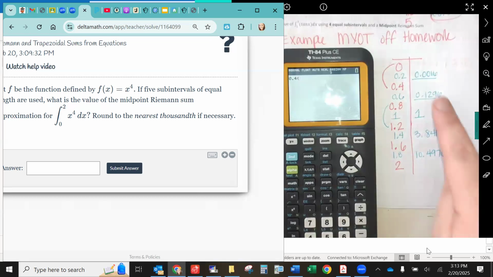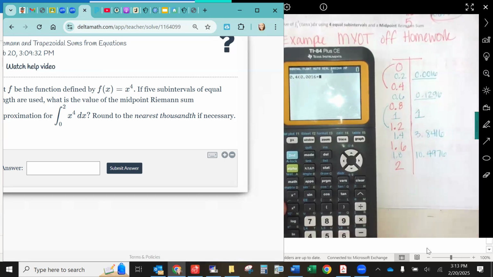So my 0.0016, 0.1296, 1, 3.8416, and 10.4976. Then it's going to ask you to round it to the thousandth. That's 3 decimal places. So my 6.188 will stay because it's followed by a 1.